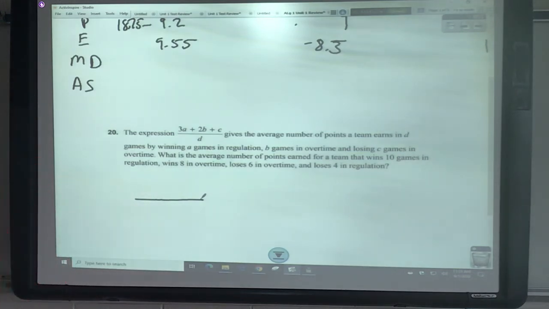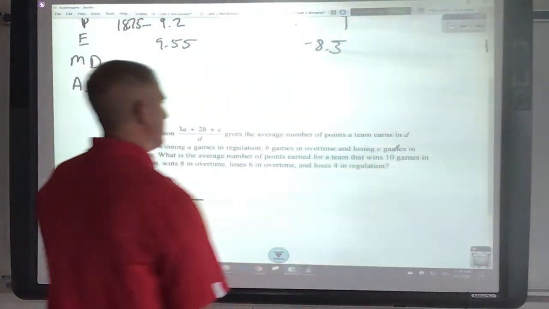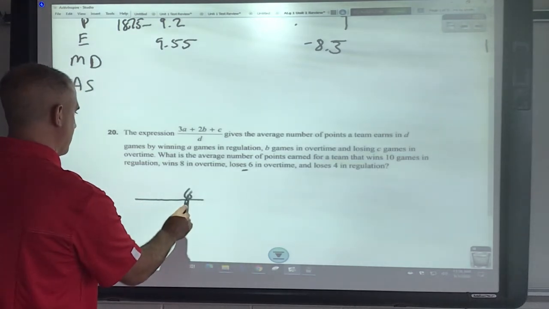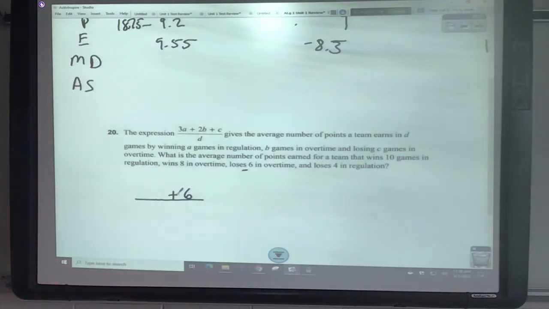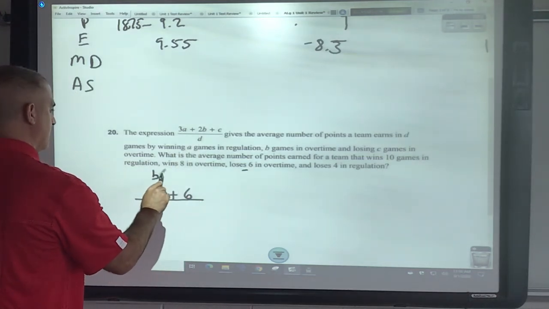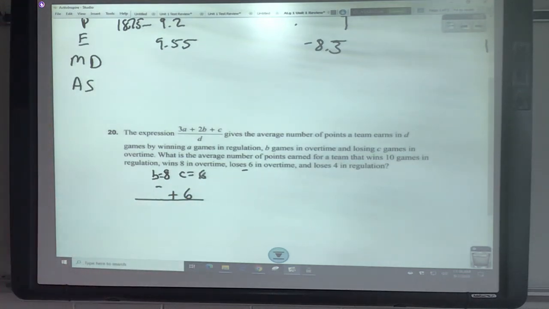What we want to do is substitute these results. They tell us I have 6 overtime losses, so that would go here as C. 8 wins in overtime is B. So B is 8 and C is 6.